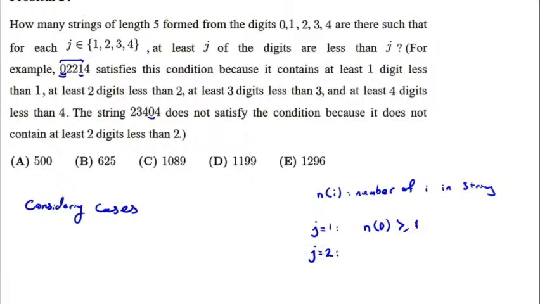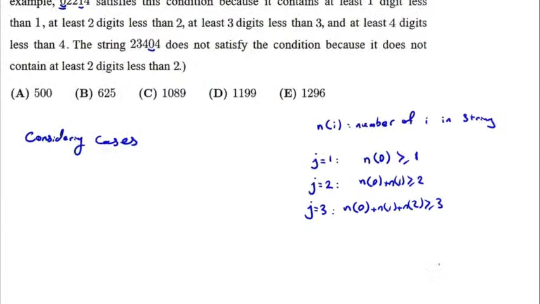If j is 2, the number of digits less than 2 means 0 and 1, so n0 plus n1 is at least 2. If j is 3, n0 plus n1 plus n2 is greater than or equal to 3. And last part, j equal to 4, the digits less than 4 means 0 to 3, which is at least 4.